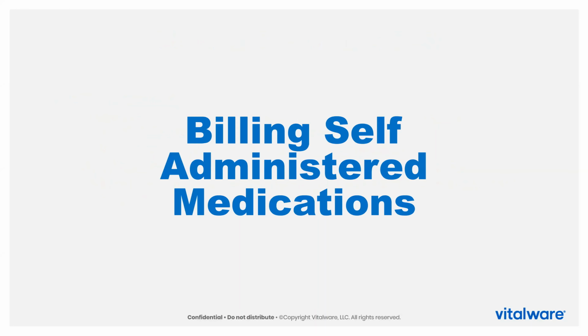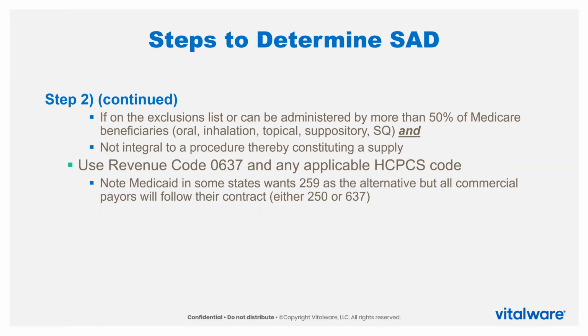For that, NUBIC, the National Uniform Billing Committee, has recommended code 637 as the revenue code of choice, and any applicable HCPCS code. Some Medicaids still want 259, but commercial payers follow their contracts. Some want 250, some want 637. So that's a contractual basis. They may or may not follow the Medicare coding guideline for this, but for Medicare, it's 637. On to the next one, Dusty.